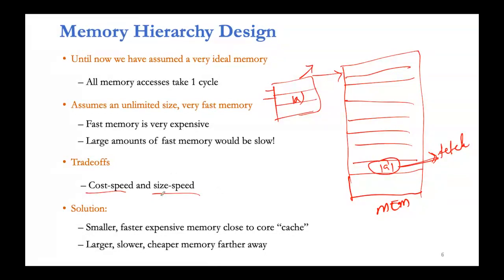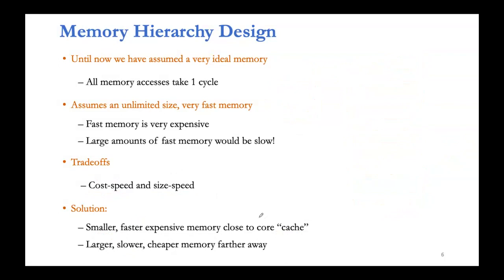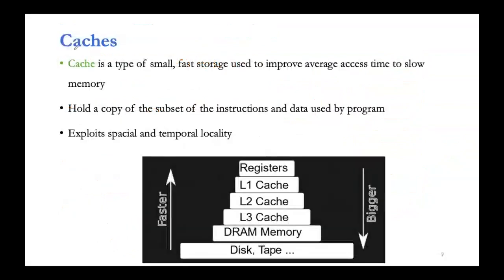The solution is that smaller memory is faster, but it costs more. This expensive memory close to the core is what we call the cache. Larger memory is slower in nature and cheaper the further away it is. So the cache plays an important role.